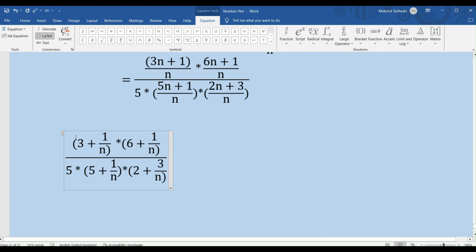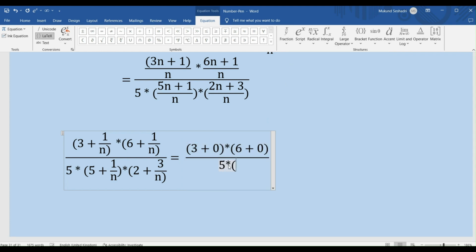As n tends to infinity, my 3 plus 1 by n becomes 3 plus 0, 6 plus 1 by n becomes 6 plus 0, and I have my denominator as 5 into 5 plus 1 by n, which becomes 5 plus 0, which is 5, and my 2 plus 3 by n becomes 2 plus 3 by infinity, which is 2 plus 0, which is nothing but 2, right?